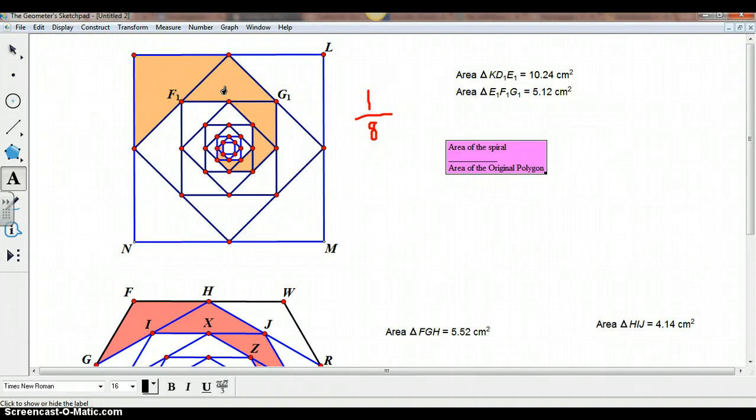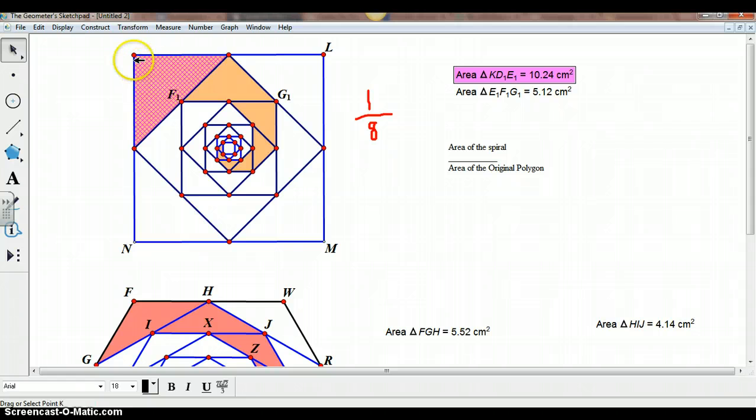And then we move to look at this triangle and how many times it fits in there. Some people can say, oh, I looked, I could tell, but it's really hard to figure out sometimes. So one way you can do it is look for the area. Here we found the area of KDE, so this triangle.